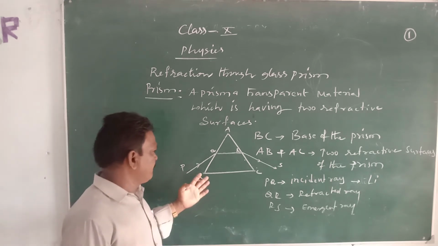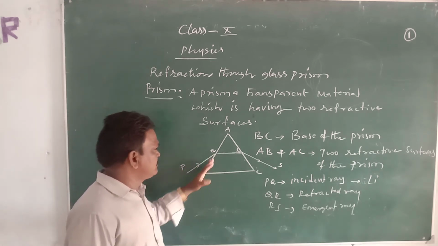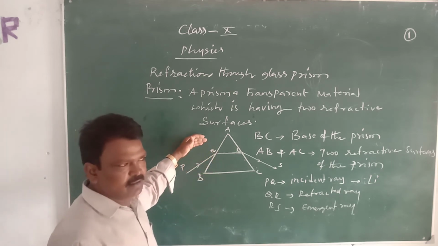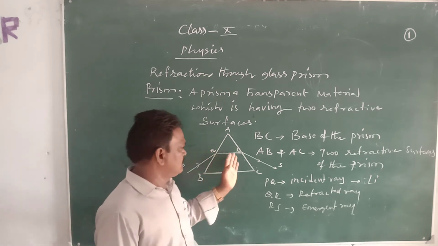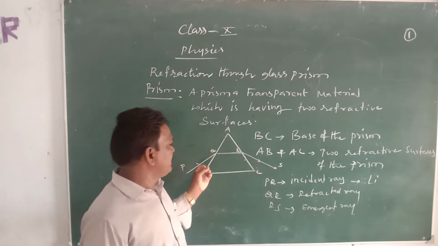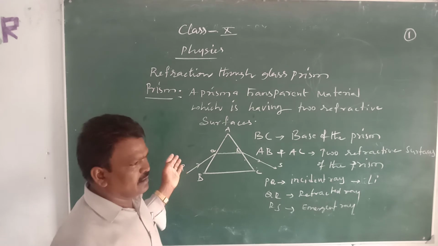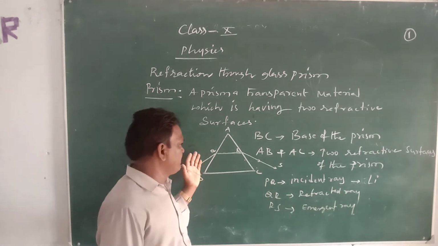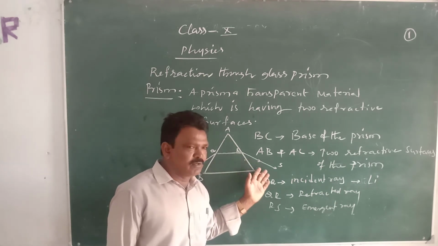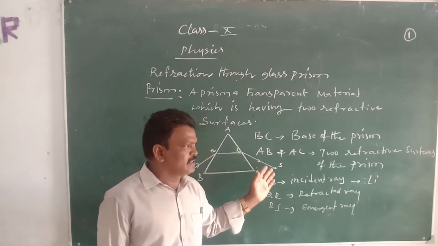So while the light ray is incident on the surface of the prism, it undergoes twice refraction as it comes out of the prism. When the light ray enters the surface of the prism, it is refracted, and again when it comes out from the other side of the prism.